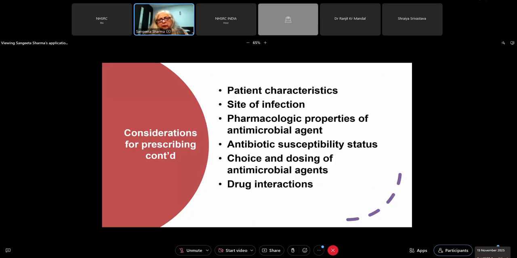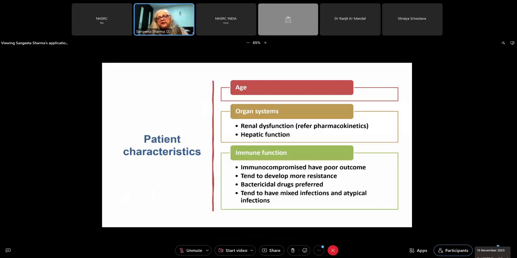But when you are prescribing, you need to take care of patient characteristics, whether it is a child, pregnant, obese, whatever, site of infection, the pharmacological properties of the antimicrobial agents, susceptibility status, and interactions.